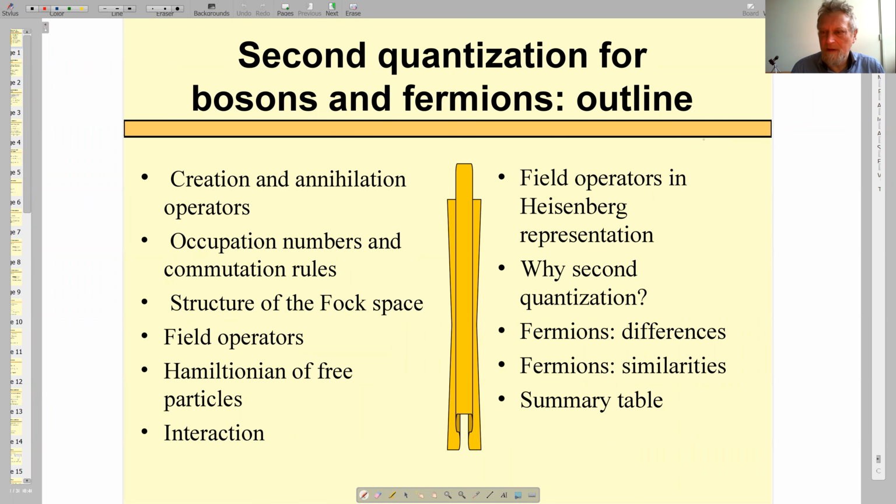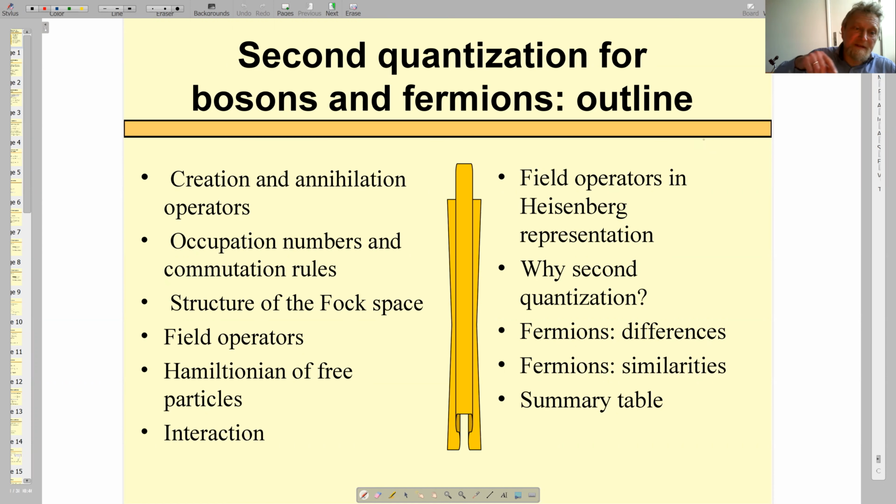So today we will learn a method with which we can actually proceed with advanced quantum mechanics without much complexity. This method is generally called second quantization.